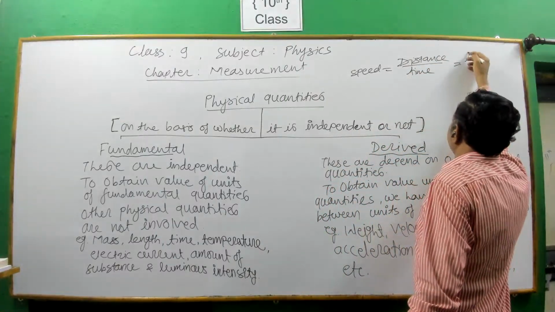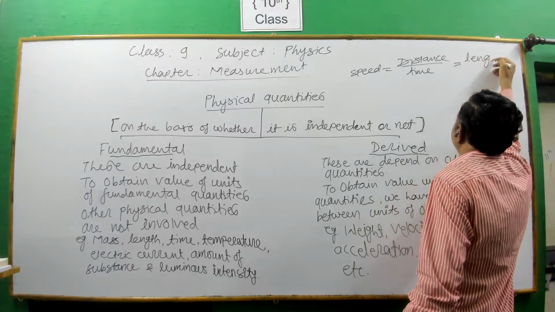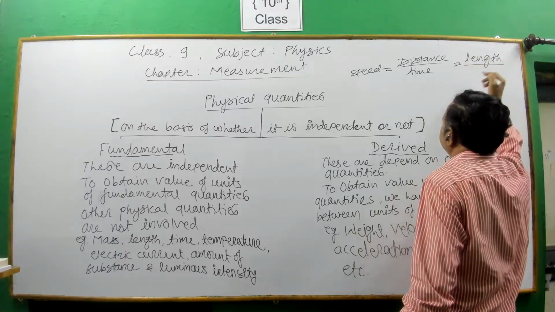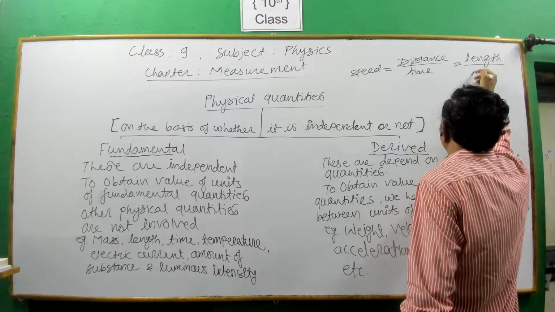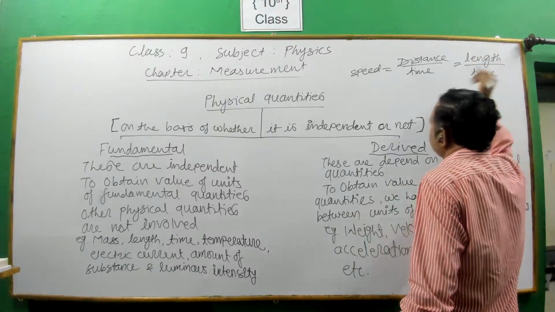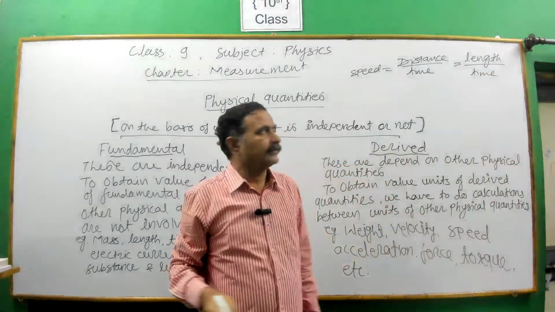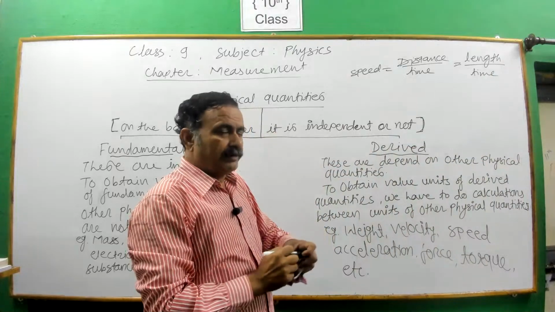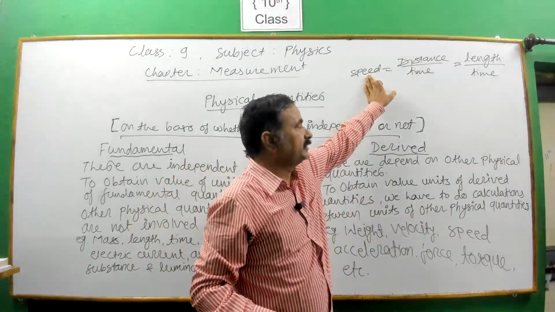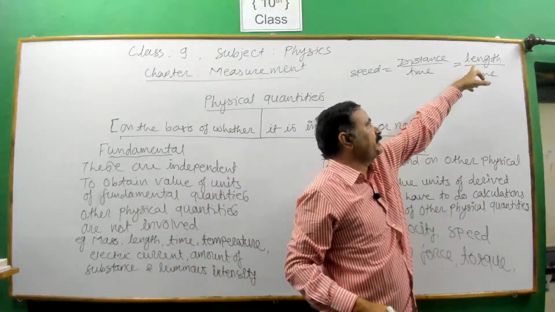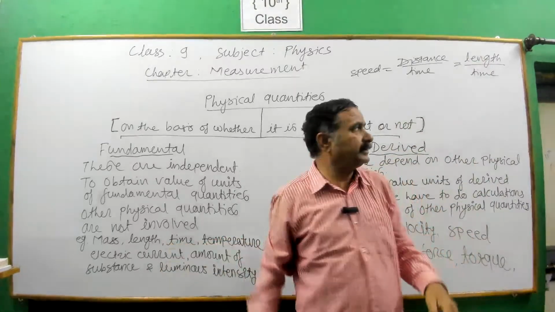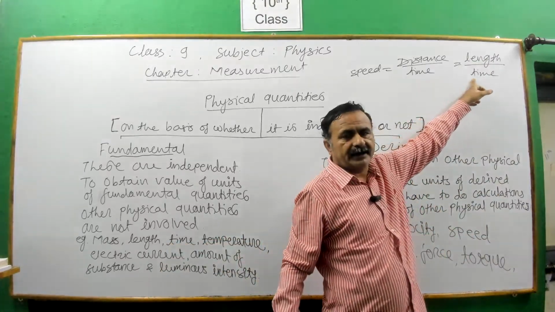Clear? Distance क्या होता है बच्चों? It is nothing but one type of length. Clear? Divided by time. So when we want to obtain the value of speed, we have to do the calculation between length, which is a fundamental quantity, divided by time.